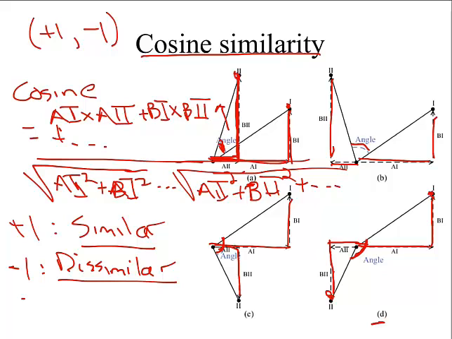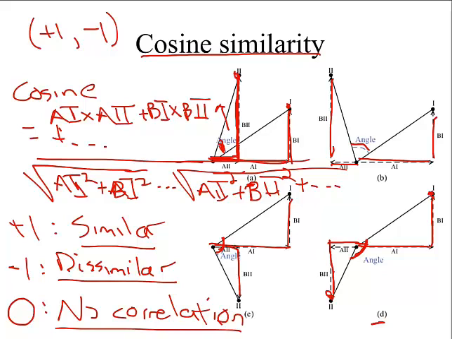And something closer to 0 means that there's really no correlation. So we want values that are either really close to plus 1 or really close to -1.